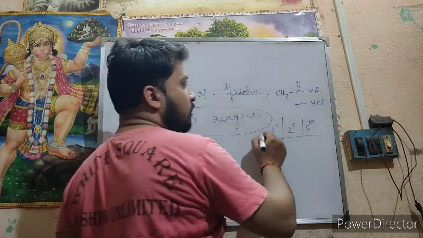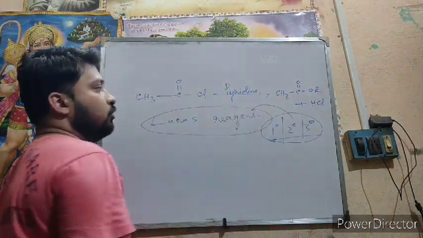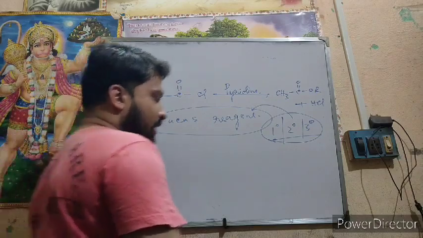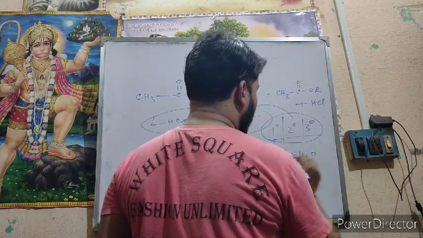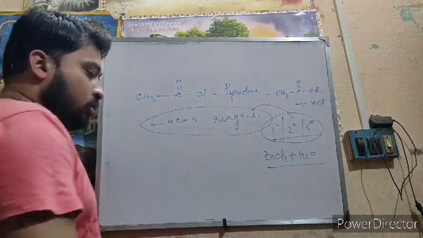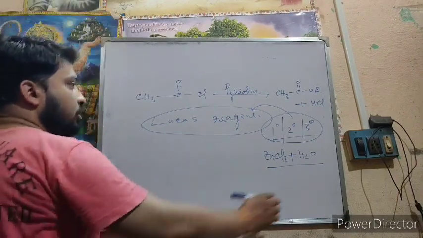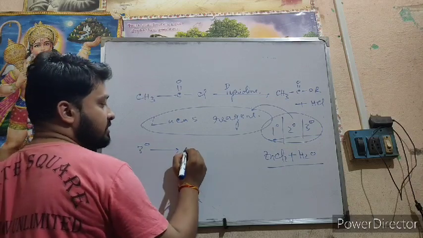To identify 1 degree, 2 degree, 3 degree alcohol, you must use Lucas reagent. What is the Lucas reagent? Lucas reagent is ZnCl2 plus H2O. This is Lucas reagent. If you use it on 3 degree alcohol, it gives a result immediately.